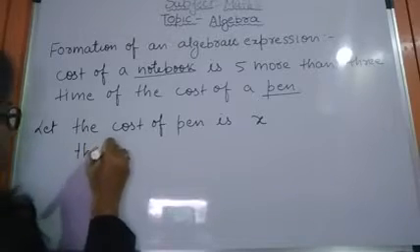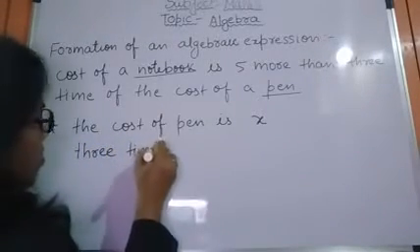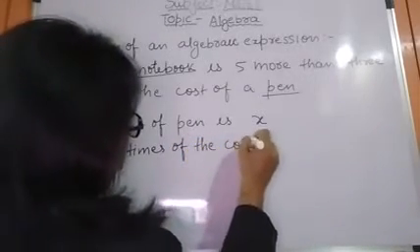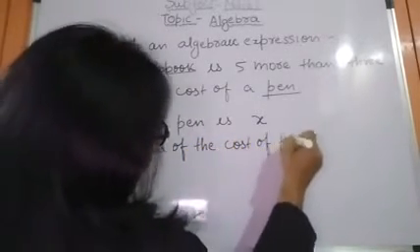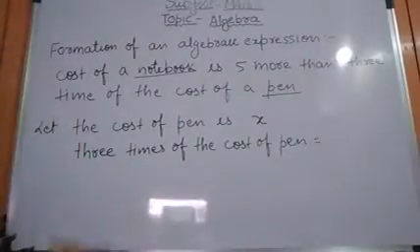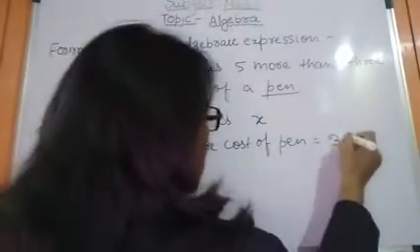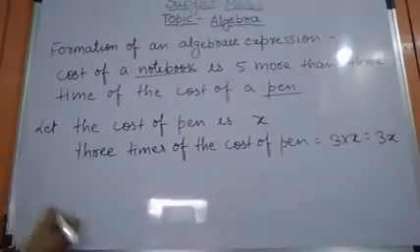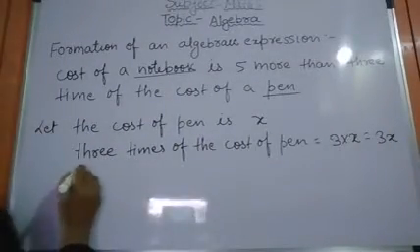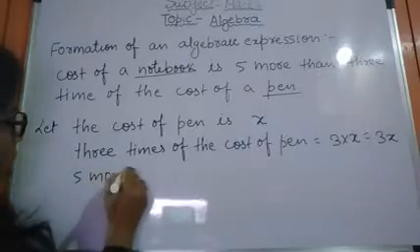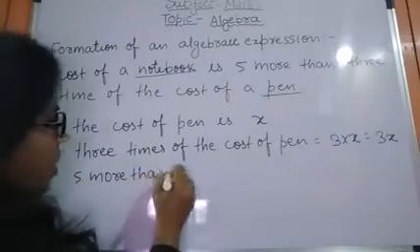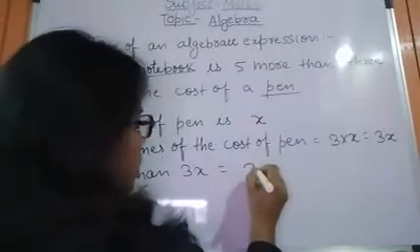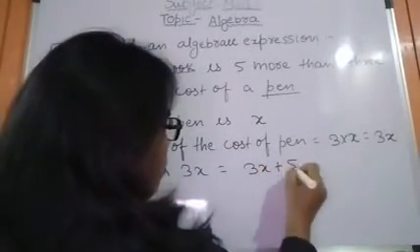So 3 times the cost of pen means 3 multiplied by x, that is 3x. Now 5 more than 3x is 3x plus 5.